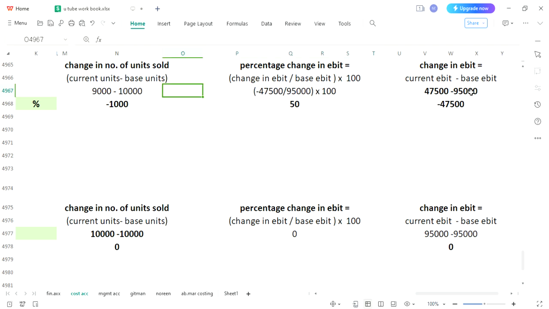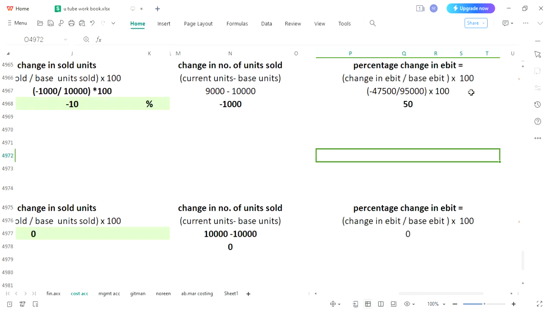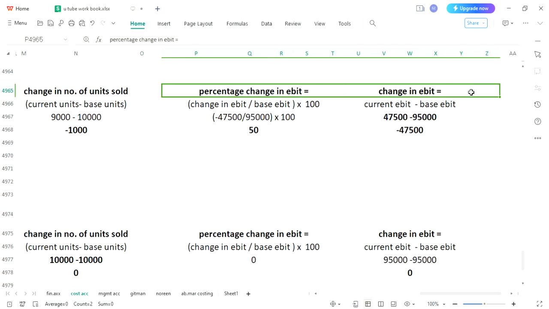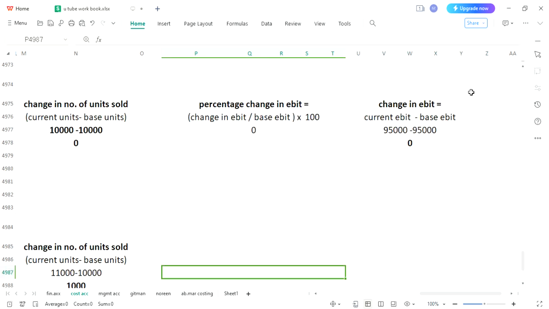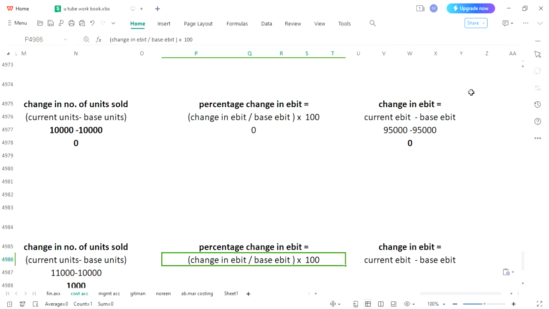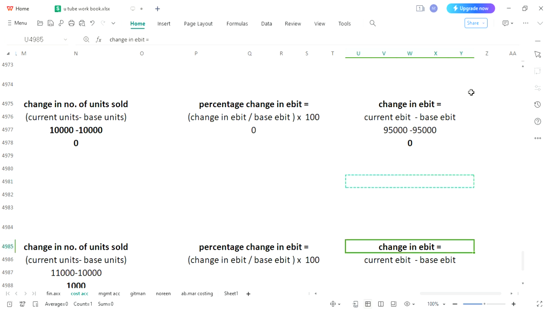For first part of the question, B1, B2 has already been calculated. Now we will calculate the same percentage change. Look, we are taking these headings for the third part as well. Here we have got our third part. Over here you will follow the same procedure which we have done for the first two parts, and right over here you need to put your current EBIT.